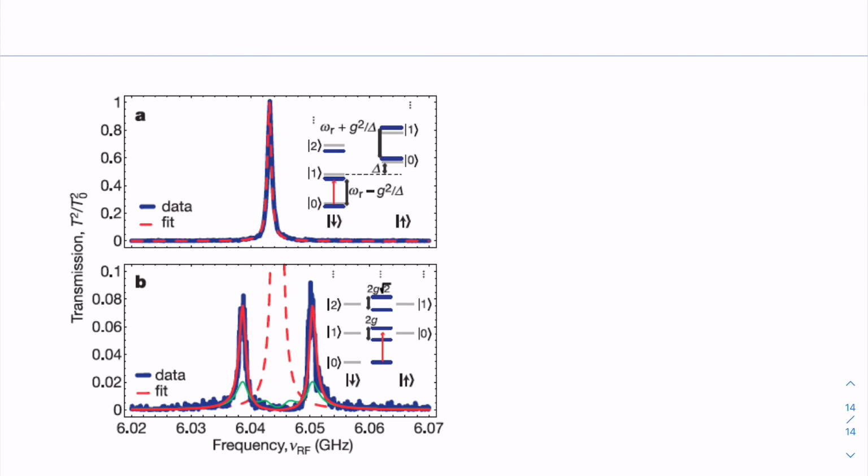You see here in this first plot, they first observed only a single peak when this qubit is heavily detuned, that means when it had no influence, as I explained already, and when delta is equal to 0, they observe these two peaks. Okay, let us now try to understand what is going on.